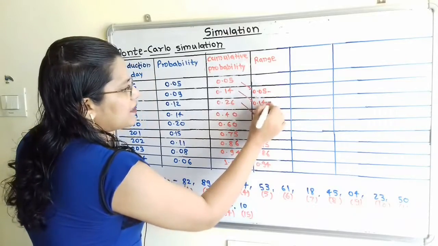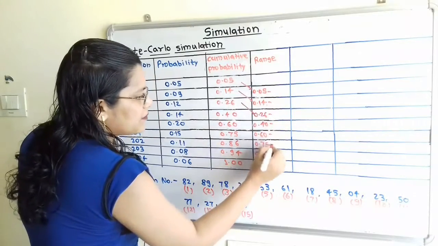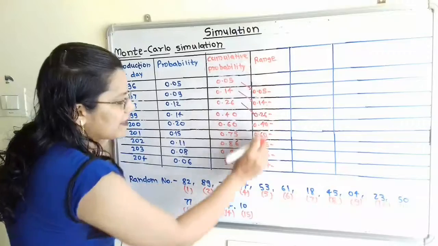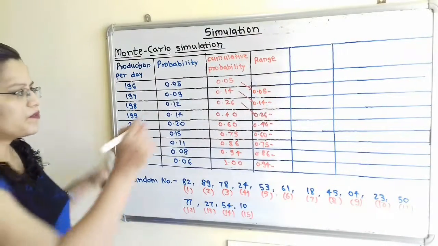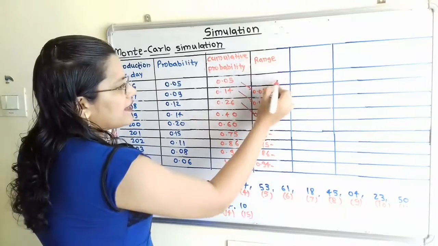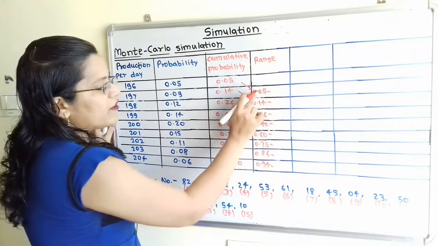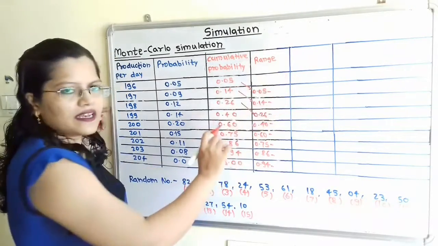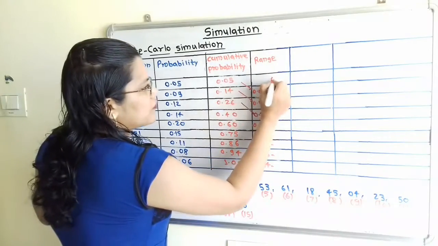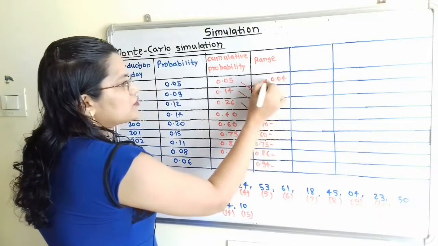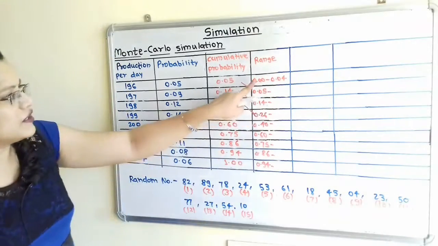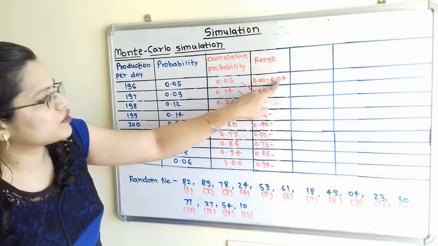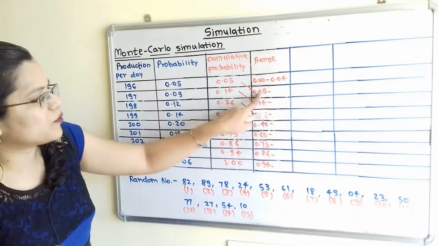So the range is in between two numbers. These are the first numbers. So how to determine the second number? We have to take one number less, that is 0.04. Now this 0.04 we have to start from 0.00. So this is the range 0.00 to 0.04. Now the next number is 0.05.